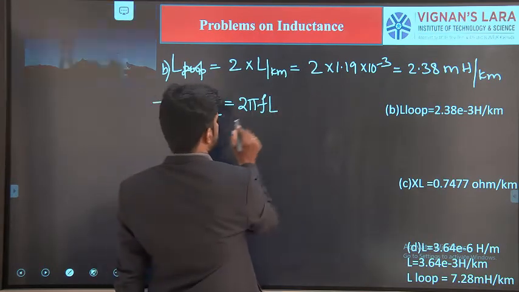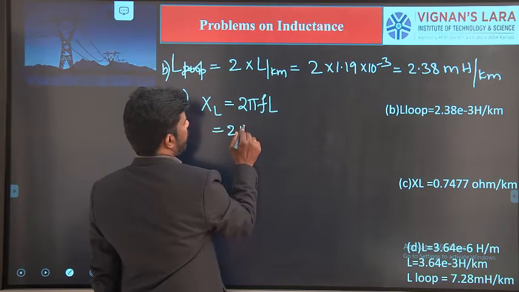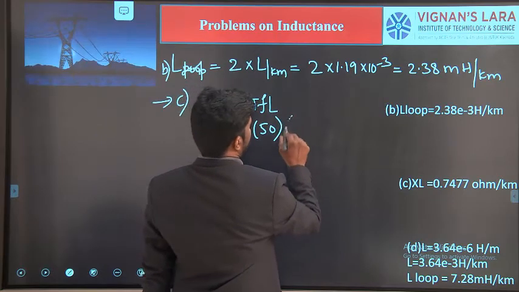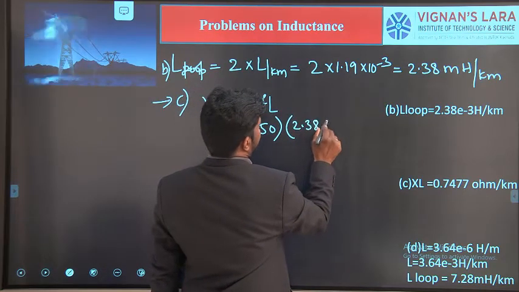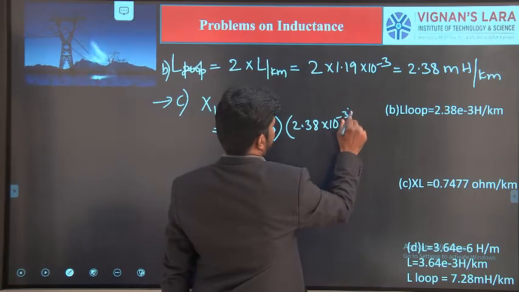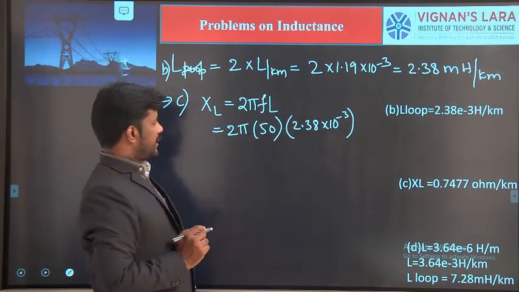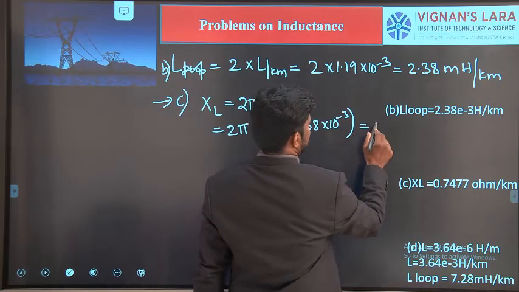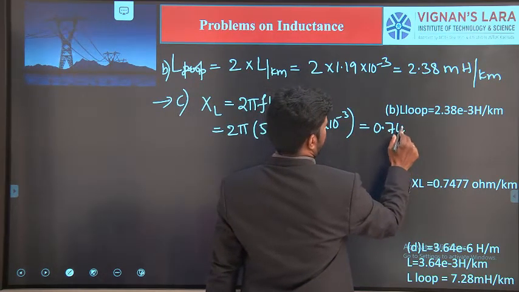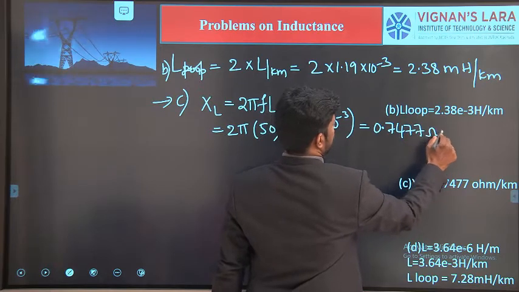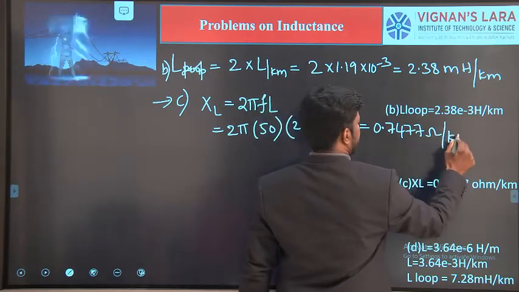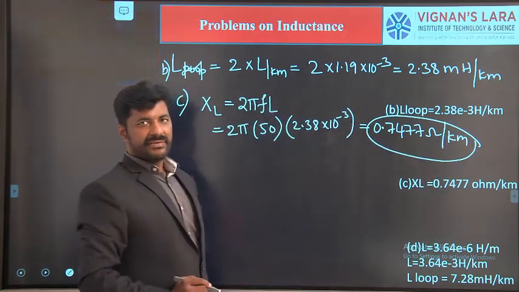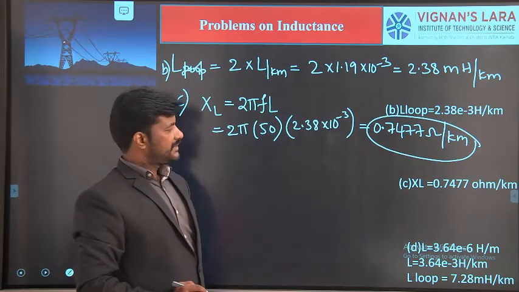Then you can substitute the values as 2 pi into 50 multiplied by the L value. The L value is 2.38 into 10 power minus 3 Henries. Simplify this and you will get 0.7477 ohms per kilometer. This much ohmic value you can estimate for the given single phase transmission line. That is the C bit.